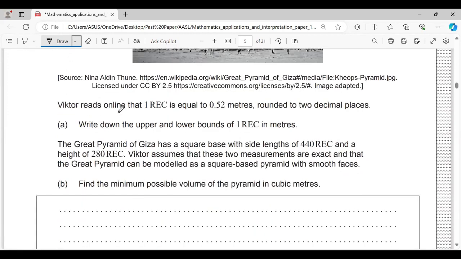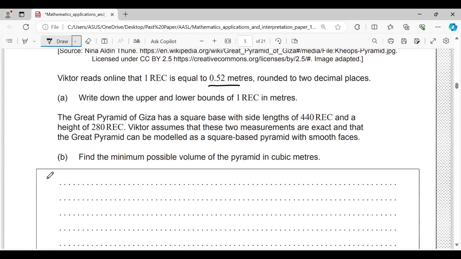Victor reads online that one REC is equal to 0.52 meters, rounded to two decimal places. Write down the upper and lower bounds of one REC in meters.